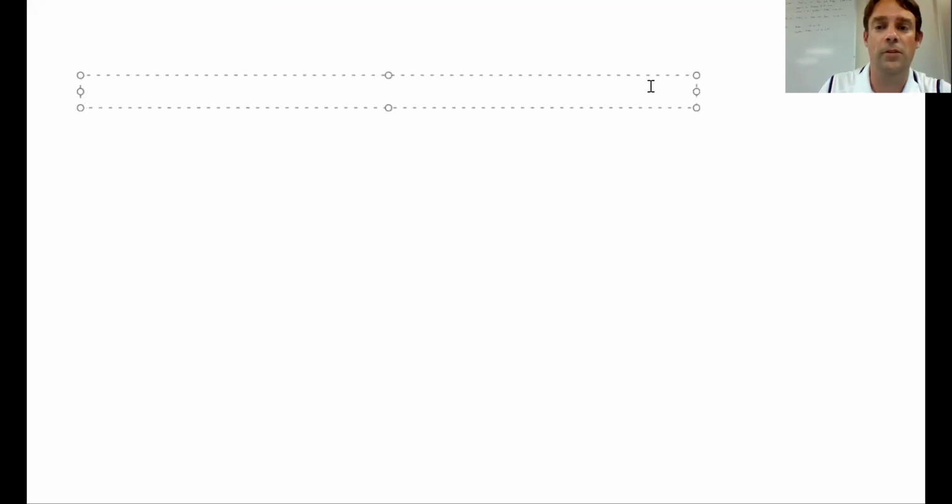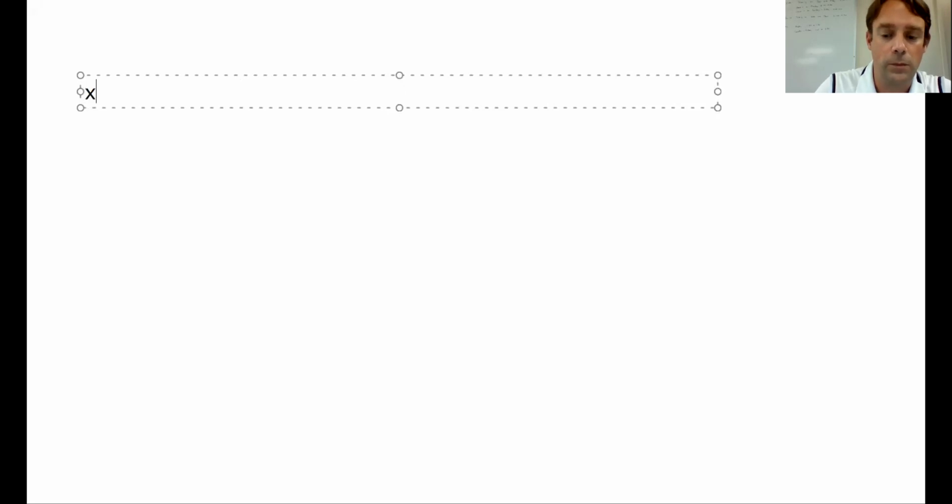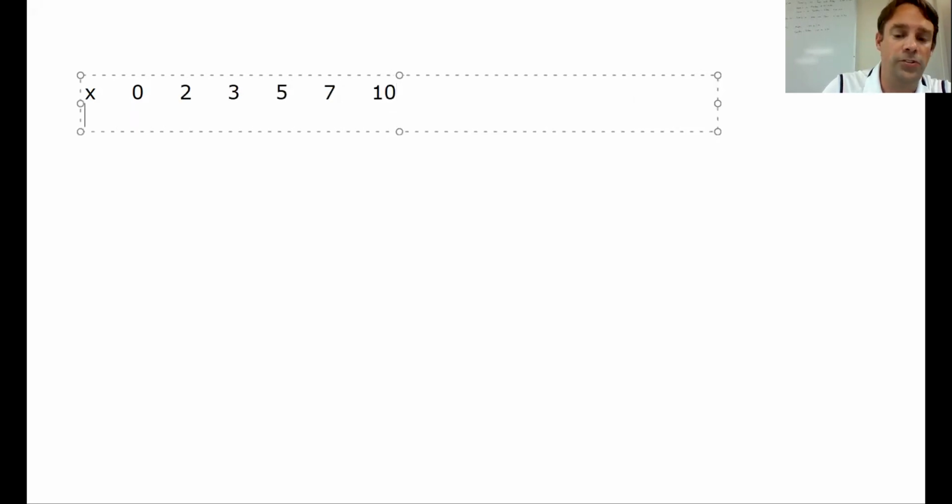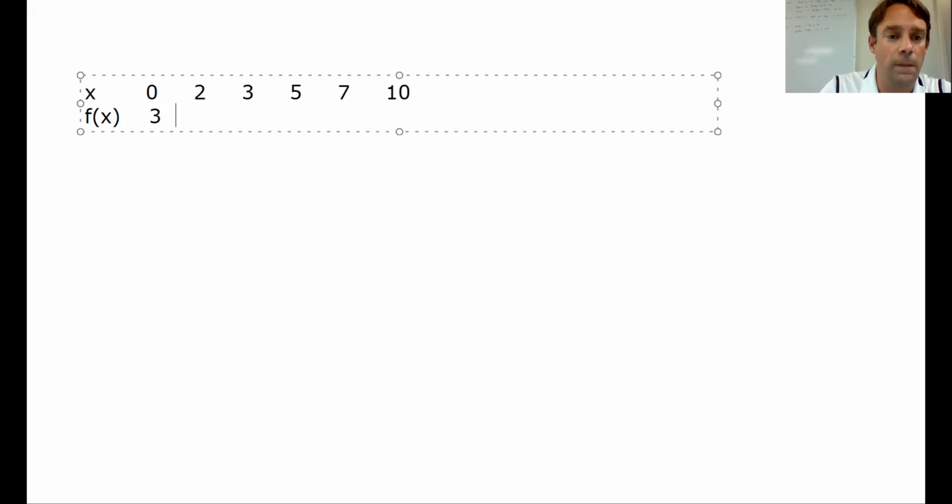Given a table of values, we don't necessarily need to know what the graph looks like. Say we actually had a graph of it.